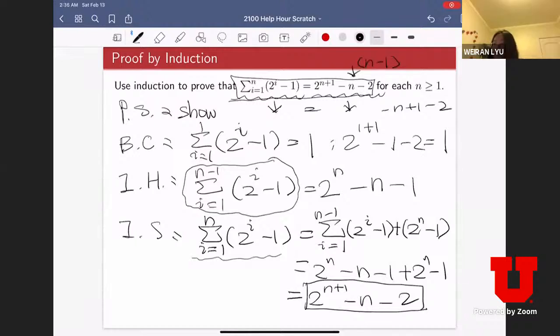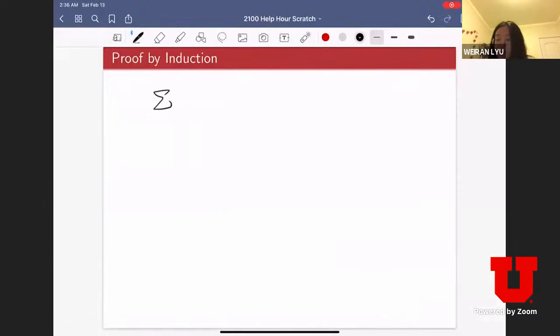So let me see. If we assume that n plus 1 is true, let me just write this out. So you're just going to substitute the n plus 1.